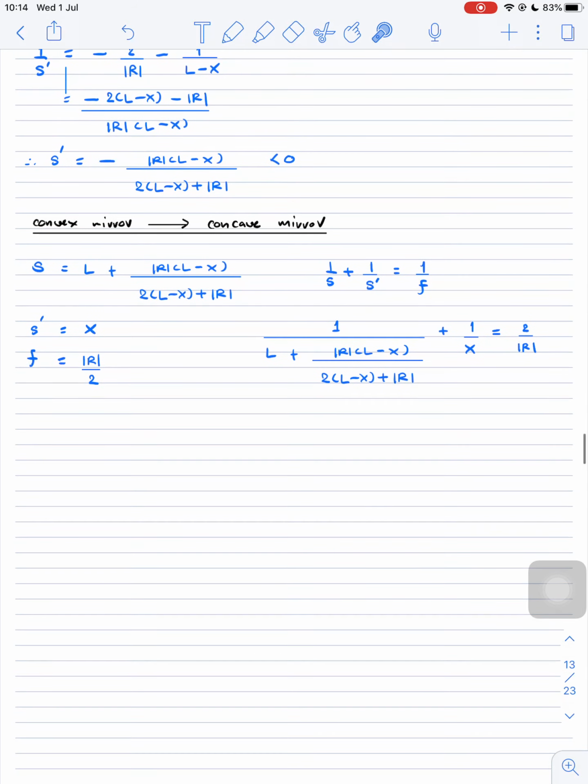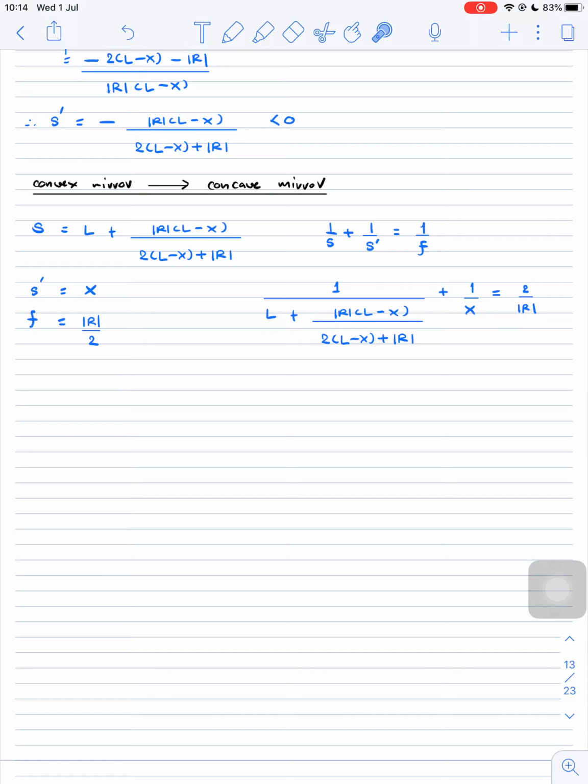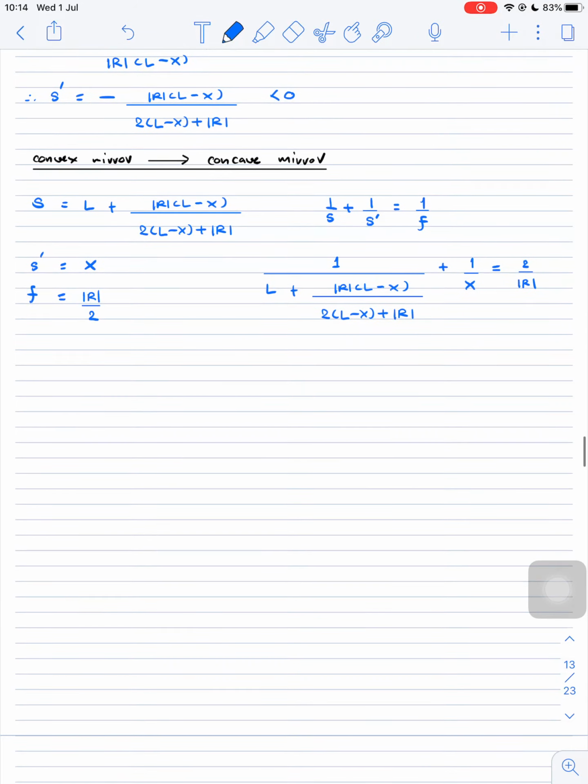Now you need to solve this equation to find X. It's just a quadratic equation. The trick is that you multiply this to this, and this is going to flip to be the numerator. Then you have this cross term as well, and then you can solve for X here. I will skip this algebra part because it's too lengthy.